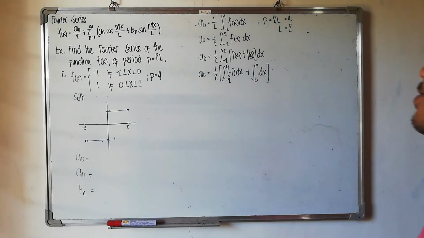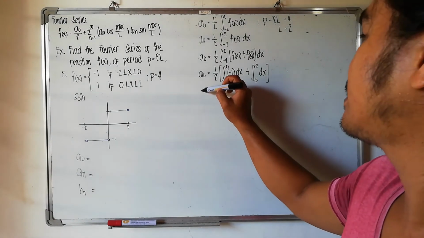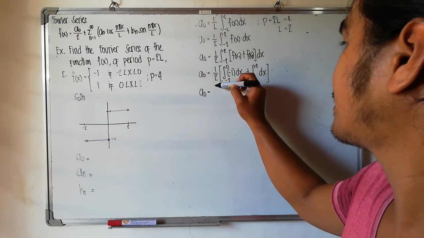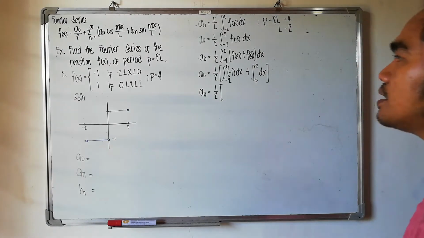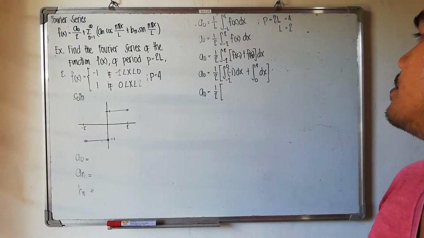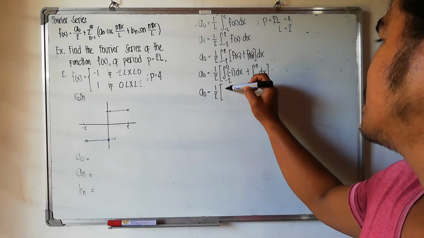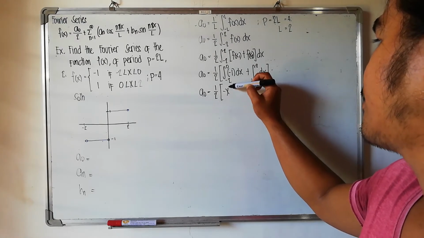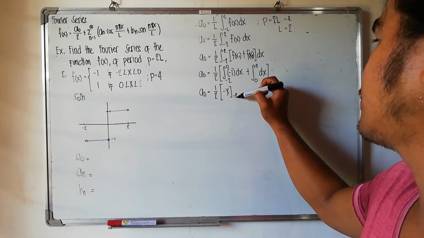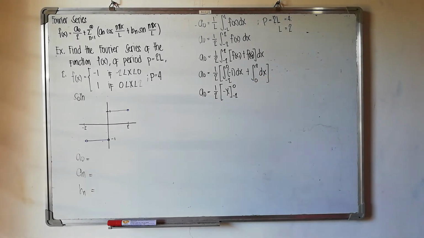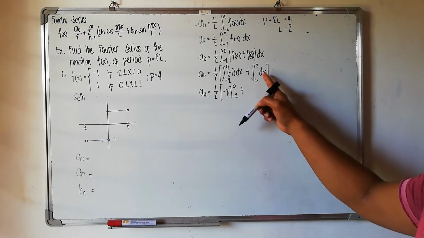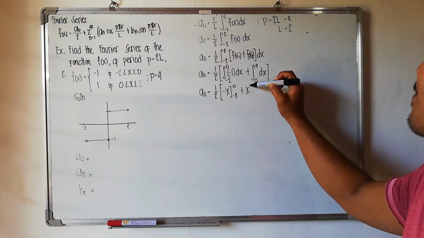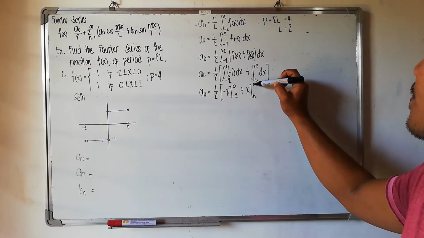Then we need to solve the equation. Integrate. So your a sub o is equal to 1/2 times the integral of -1 dx is equal to -x, so that will be -x from the limits of -2 to 0, plus the integral of 1 dx is equal to x, so that will be x from 0 to 2.